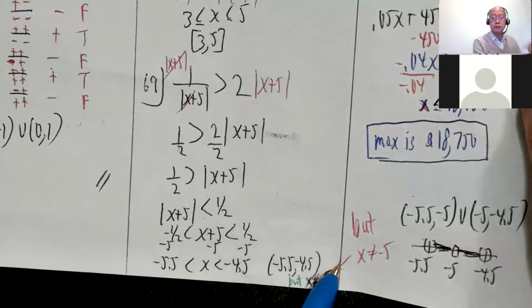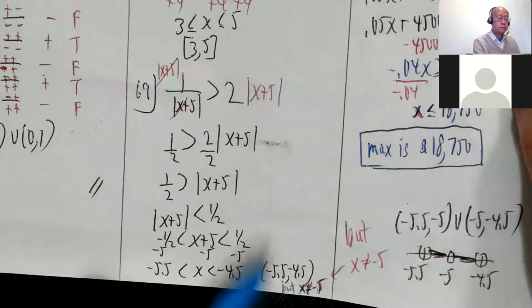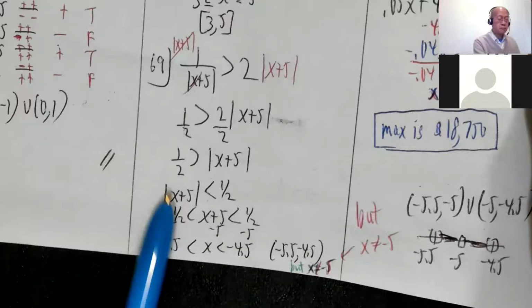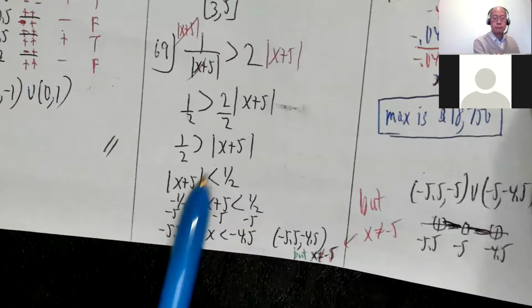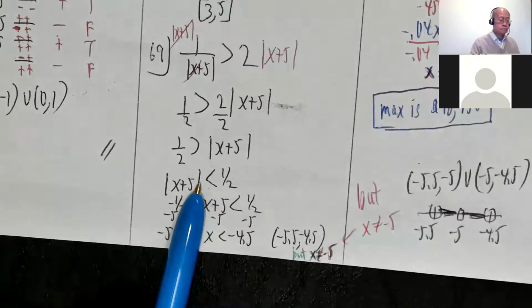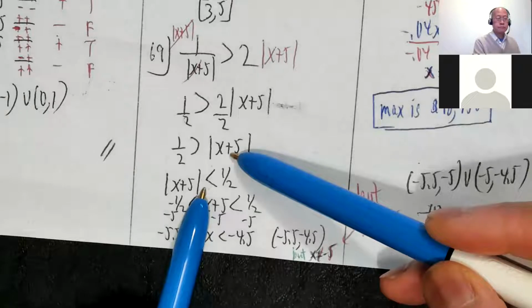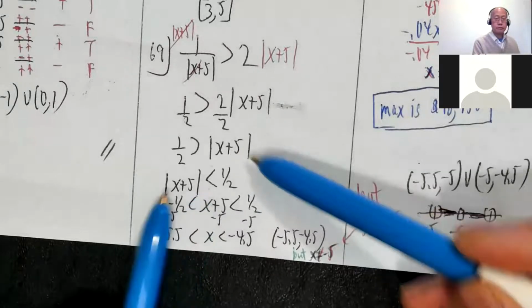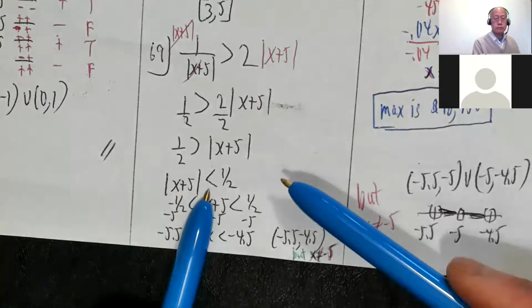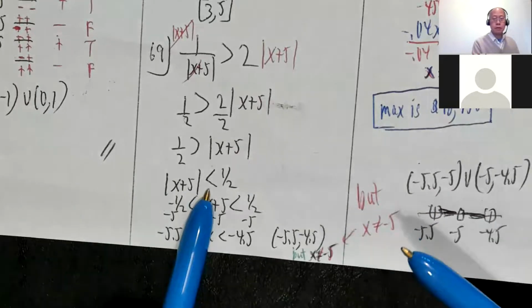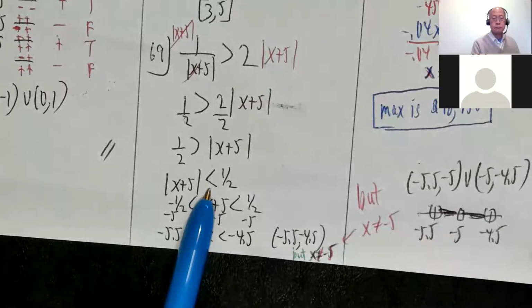But when you multiply out the fraction, you end up with the absolute value of x plus 5 is less than 1/2. There's no denominator anymore. So why would you not include negative 5?